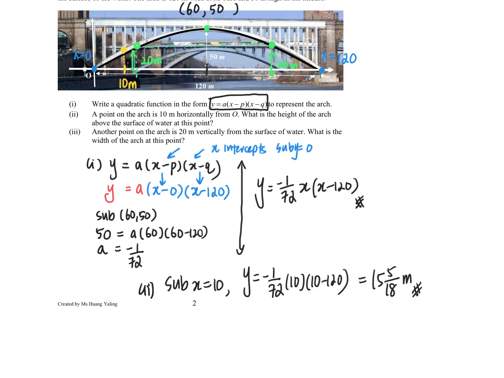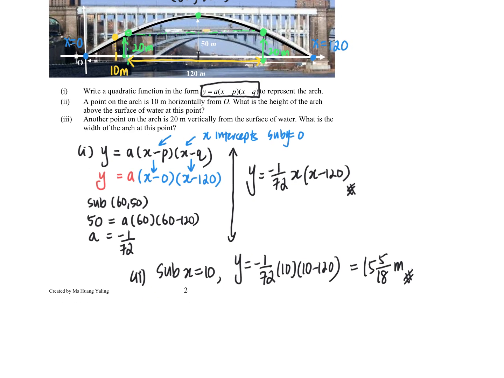Then they ask you, what is the width of this arch? So the question is asking you how wide the arch is at the point where it's 20 meters above the ground. So how can you find those 2 points first? Here. Assuming that this one is flat, although there's a little platform here. Let's assume that this is negligible height.